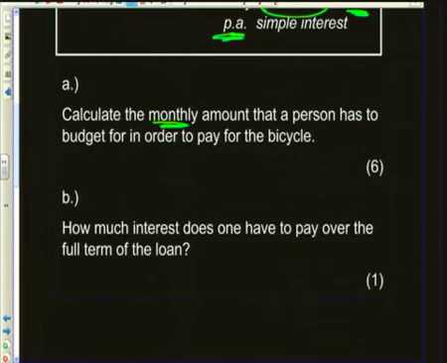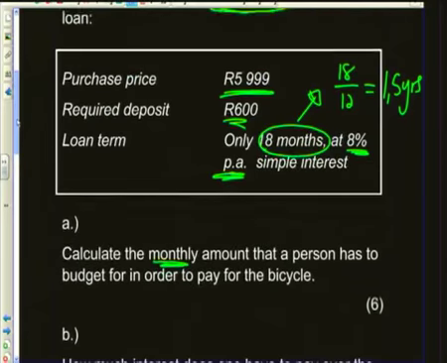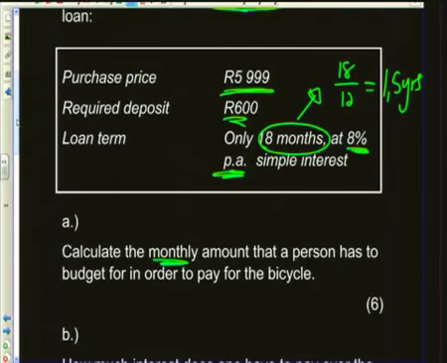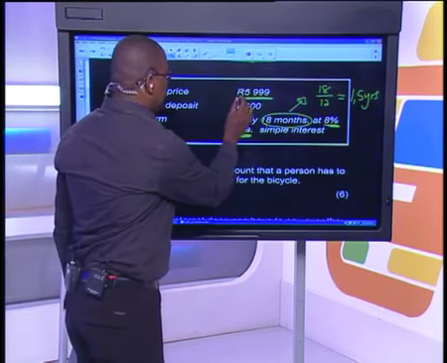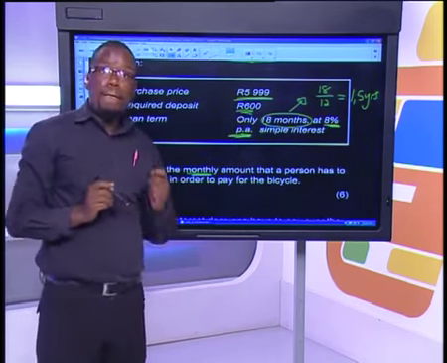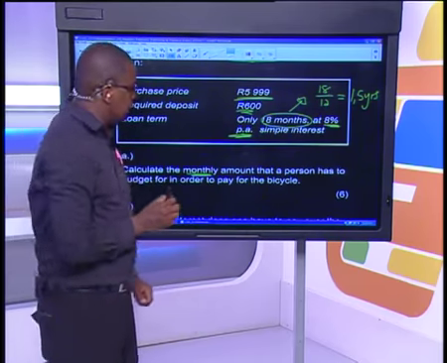All right. Now, first of all, this is given that it's 5,999, but you have to pay the deposit of 600 rands. So you're going to subtract 600 rands from 5,999.